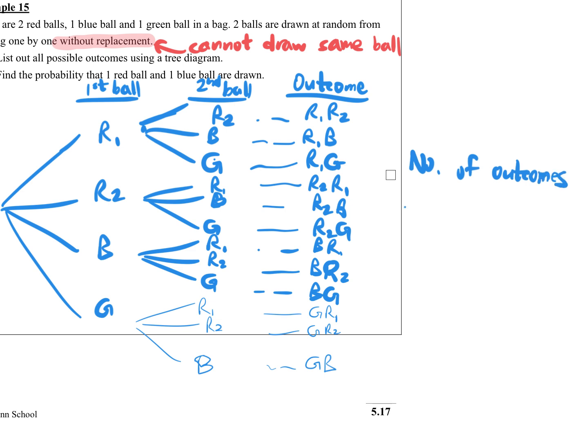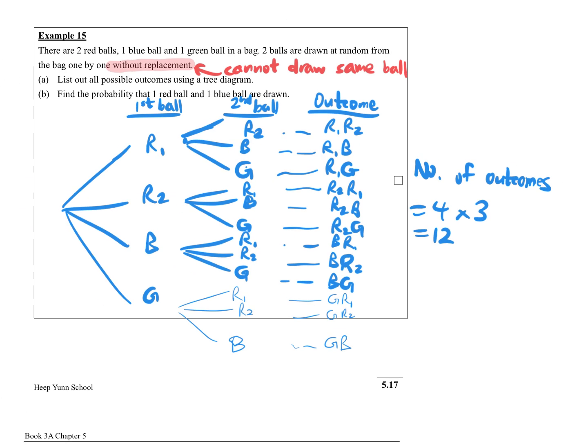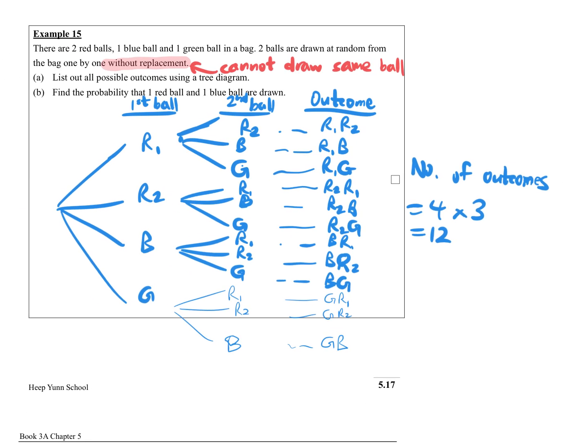The first ball, 4 options. The second ball, how many? 1 less option, so that's only 3. And you end up with 12 options. And the probability of 1 red, 1 blue would be something over 12.